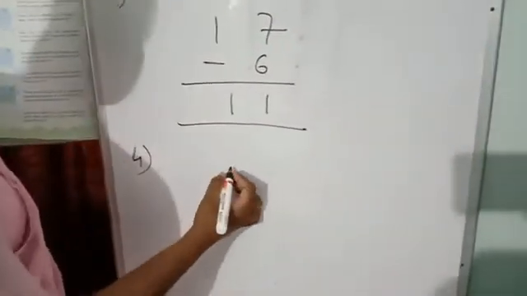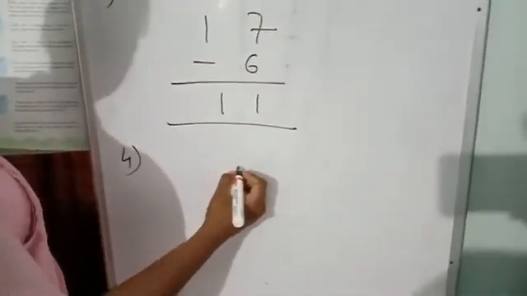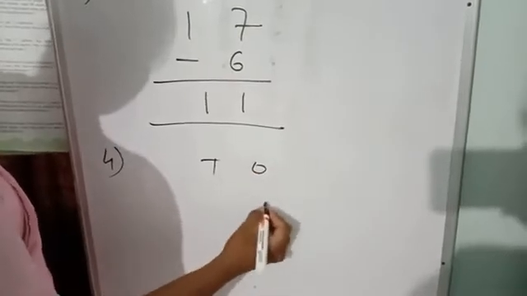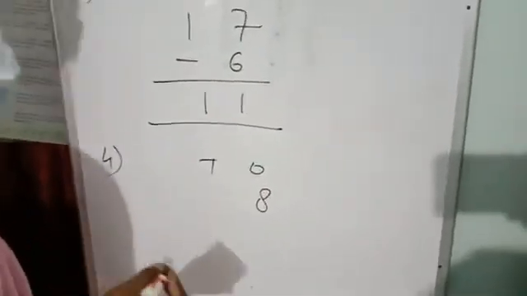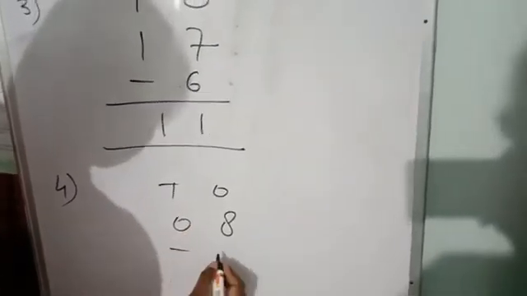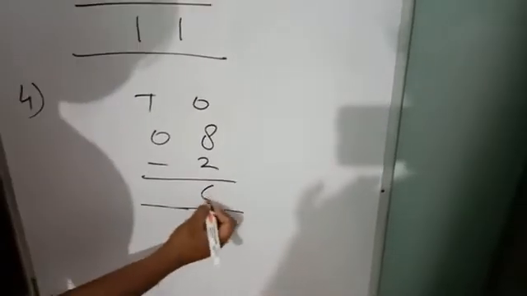That means Ritu has 8 pairs of jeans and she has given 2 pairs of jeans to the poor children. So 8 minus 2, 6. That means she has 6 pairs of jeans with herself.